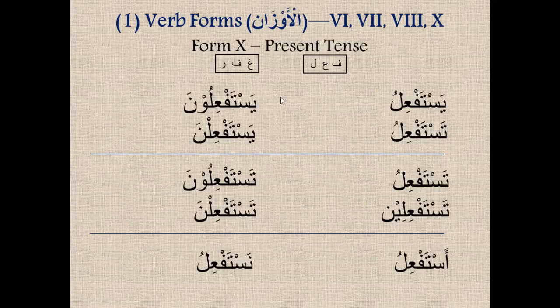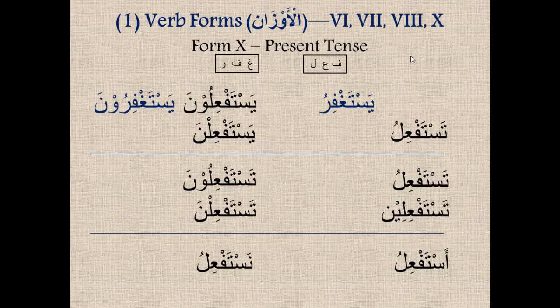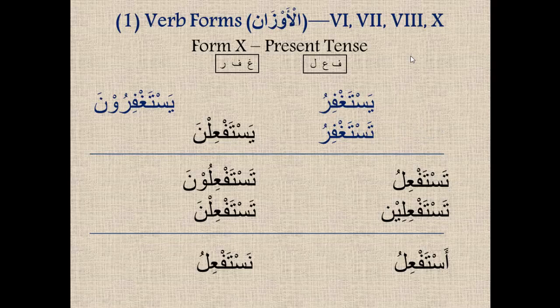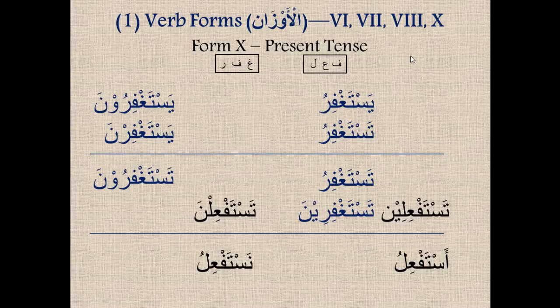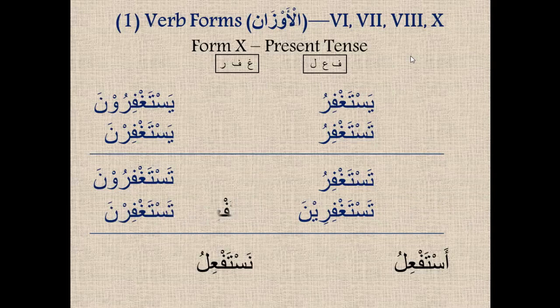Okay, it gets even longer here. For the present tense, يستفعل يستغفر، يستفعلون يستغفرون، تستفعل تستغفر، يستفعلن يستغفرن، تستفعل تستغفر، تستفعلون تستغفرون، تستفعلين تستغفرين، تستفعلن تستغفرن، أستفعل أستغفر، نستفعل نستغفر.